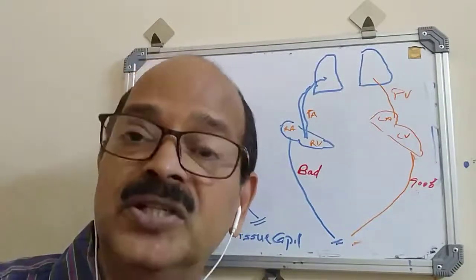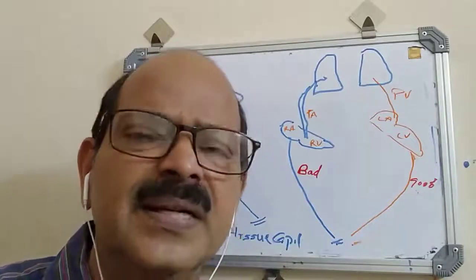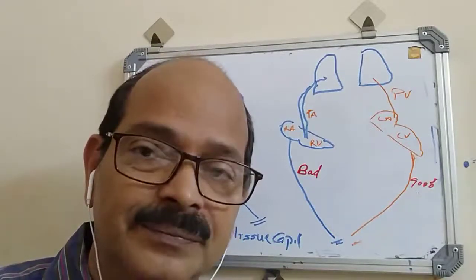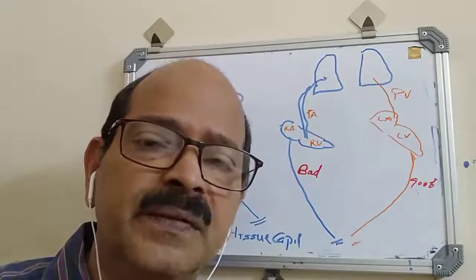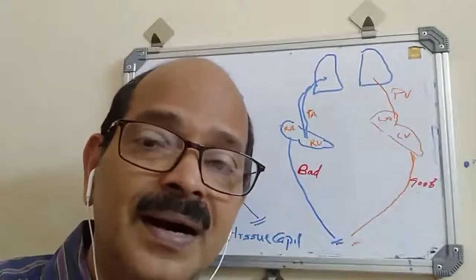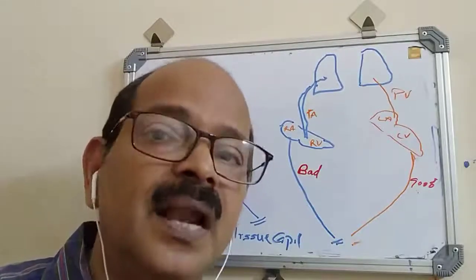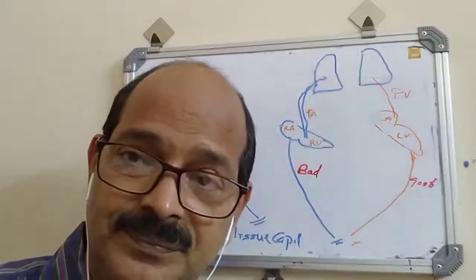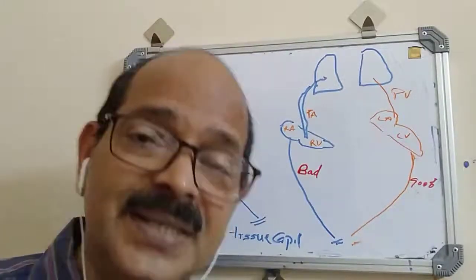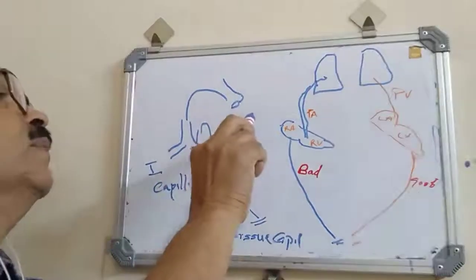For the purpose of today's discussion, we won't be considering nutrients and waste. We will just consider the oxygen. I'm not even talking about carbon dioxide waste disposal. Just consider how the oxygen from the atmosphere reaches a cell deep within. This is a no-still atmosphere.